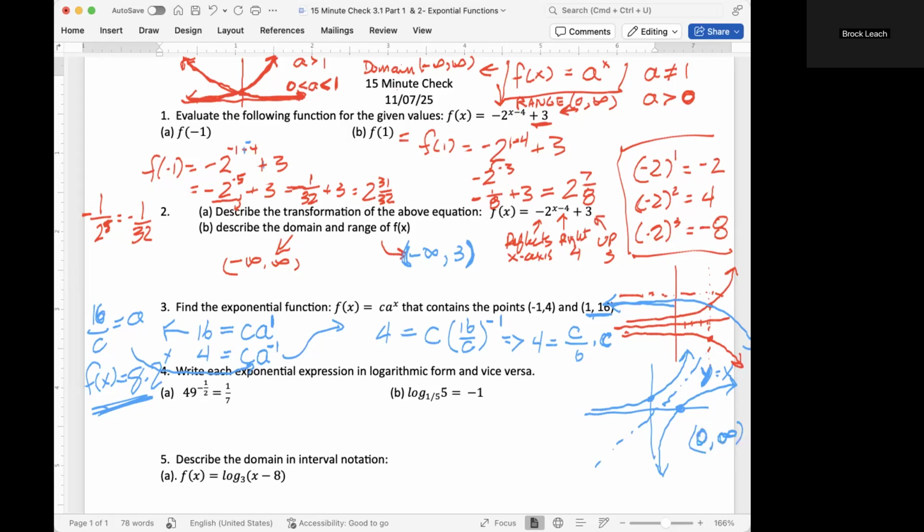It has to stop at 0, unless of course we're transforming it, right? Then we just can't have the negative outcome there. And the range goes from negative infinity to positive infinity. So we switch the domain and the range.